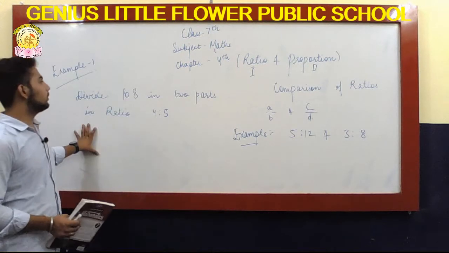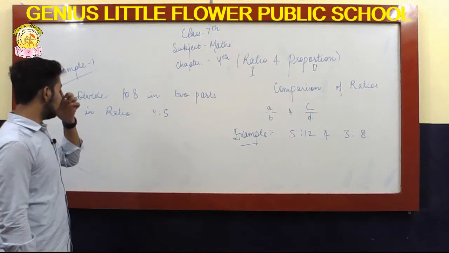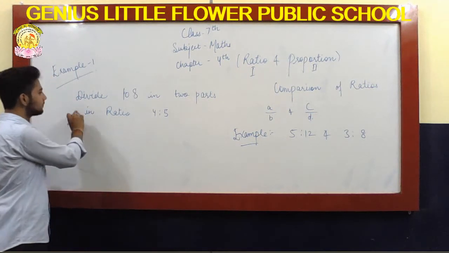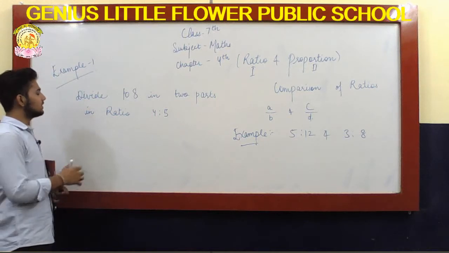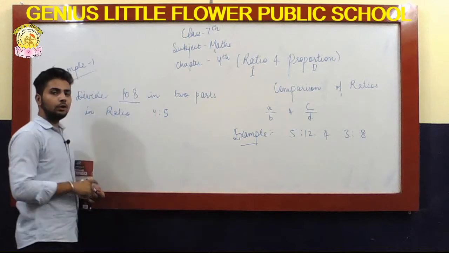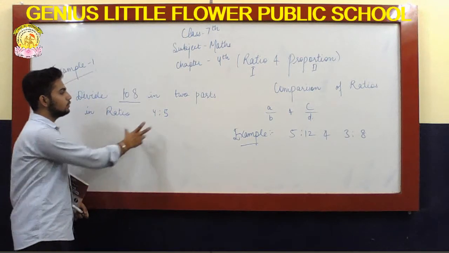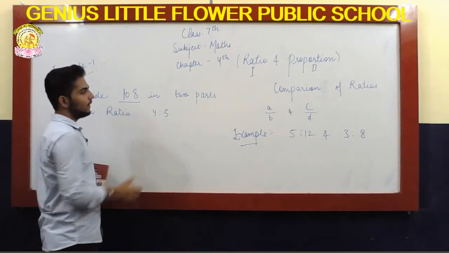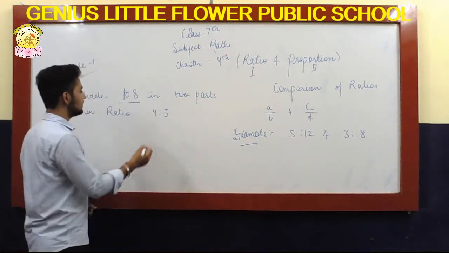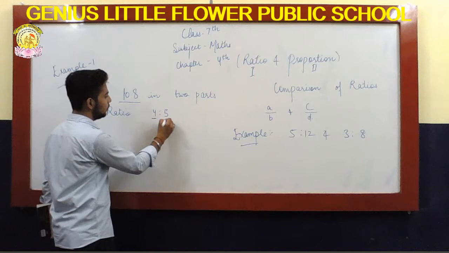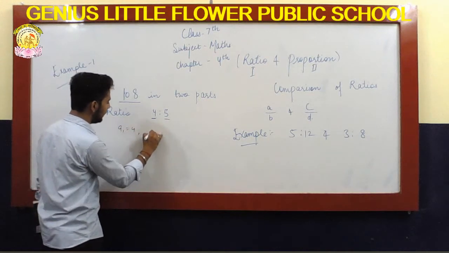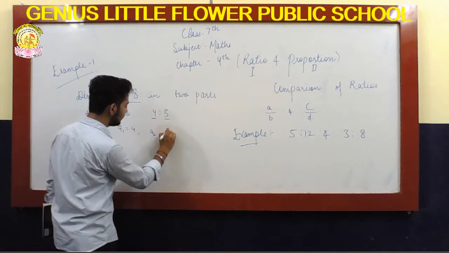Now we are going to discuss an example regarding the previous concept. You are given a number 108, and you have to divide it in two parts. The ratio given to you is 4 and 5. Comparing to the previous concept, let A1 be 4 and A2 be 5.